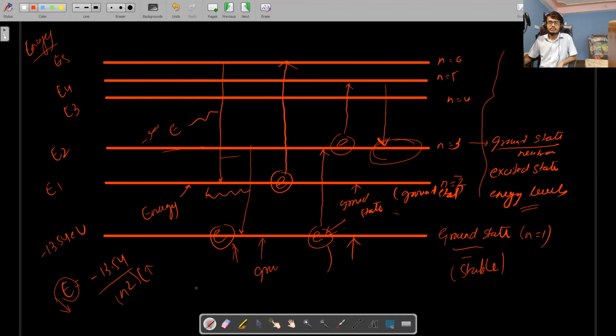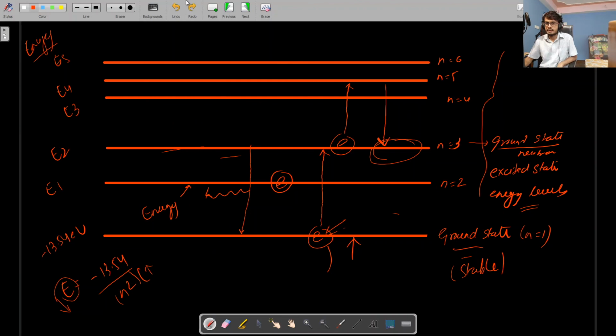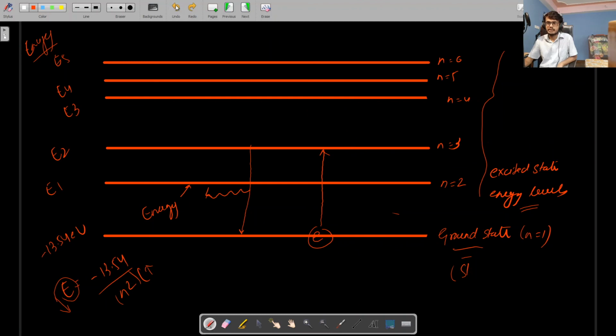And one more important factor that you need to know. Let me assume two movements of electrons. One movement is when this electron climbs to this state and comes back, releasing some energy.